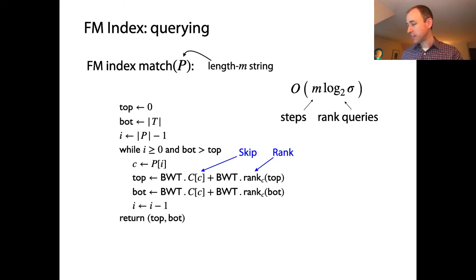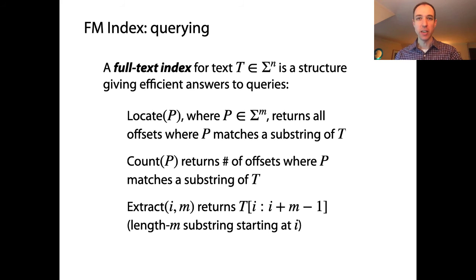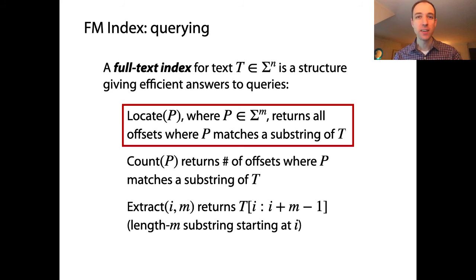But I want to take the conversation just a bit farther because, of course, besides count, we also have this locate query. The locate query being not only where we want to know how many matches there are, we want to know where they are. What are their offsets with respect to the original text?